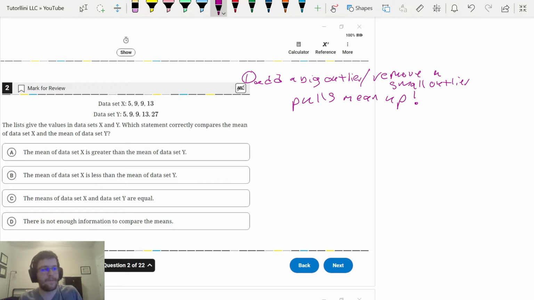Think about it, right? If you've got a 2, a 3, and a 4, and then you toss in like a 500, it's going to make the mean way bigger. Similarly, if you take away a really tiny number, the same thing happens.